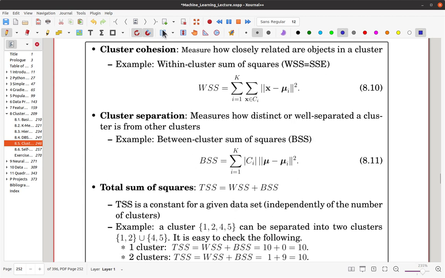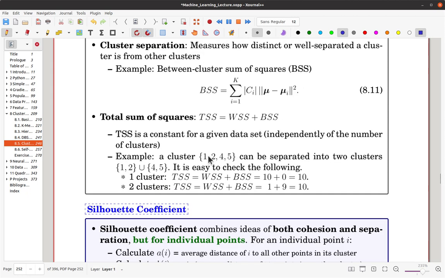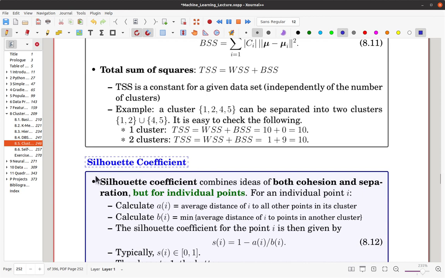Okay, here the cohesion and separation are not directly used in most cases. However, the idea of cohesion and separation can be used for the so-called silhouette coefficient. The silhouette coefficient combines ideas of both cohesion and separation, but for individual points.